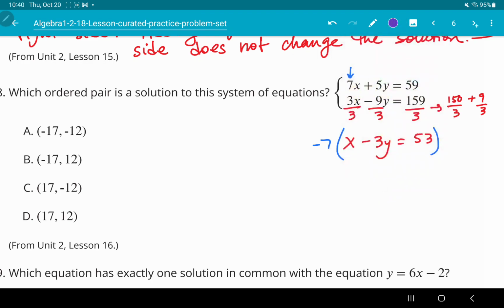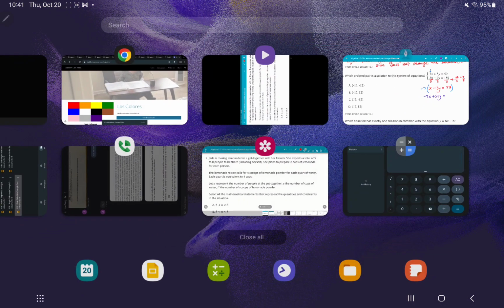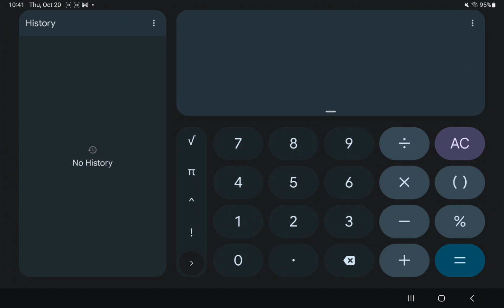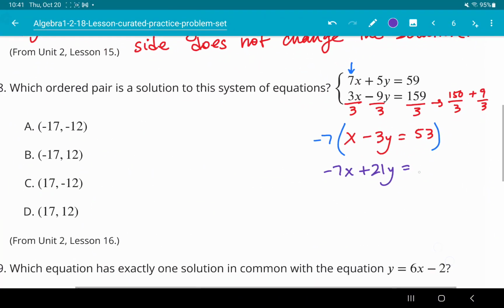Let's do this one in purple. Negative 7x, negative 7 times negative 3 is a positive 21y. And then I'm going to have negative 7 times 53. So 7 times 53, and it's going to be negative, so negative 371.